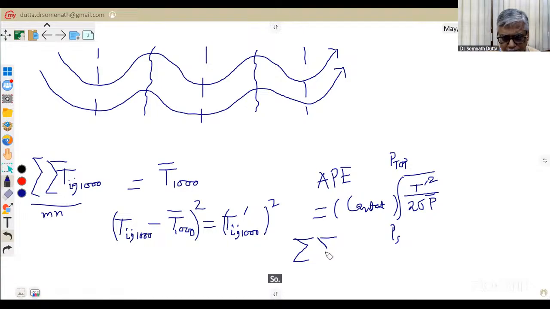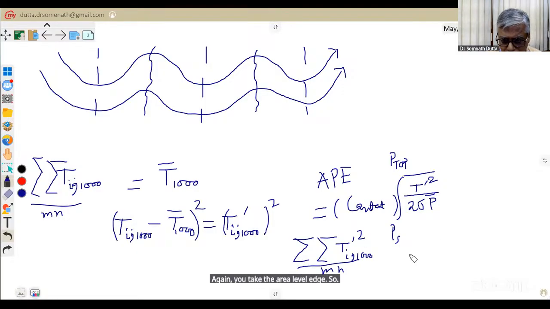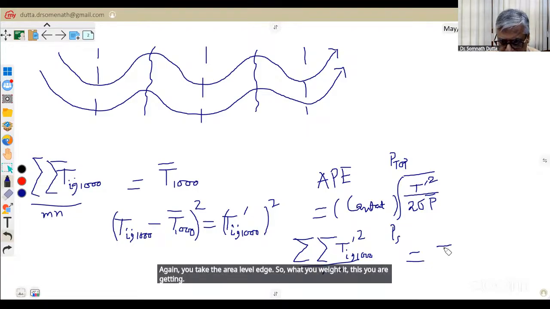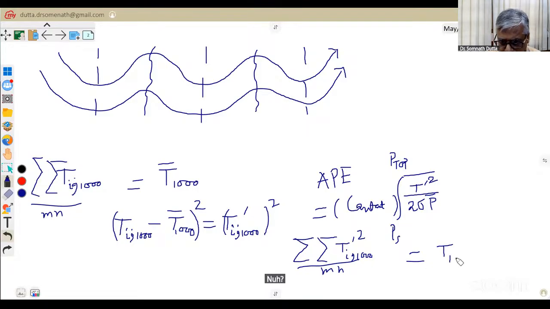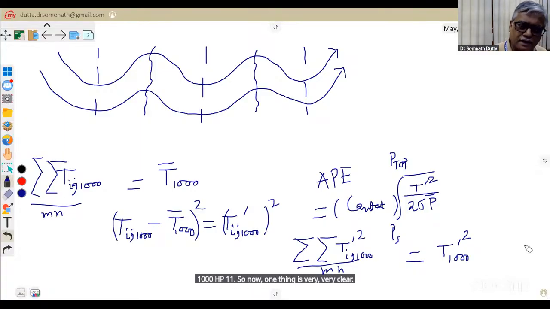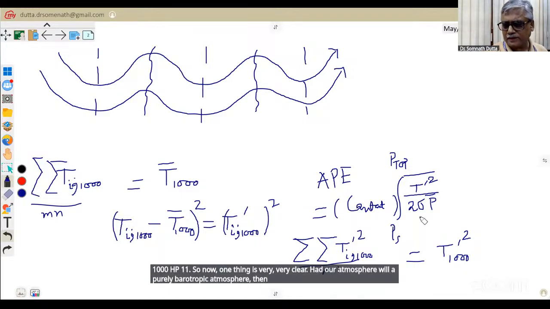So again you take the areal average of the squared departures. What you get is the variance of temperature at the 1000 hPa level. So now one thing is very, very clear. Had our atmosphere been a purely barotropic atmosphere, then in that case, this would have become 0.